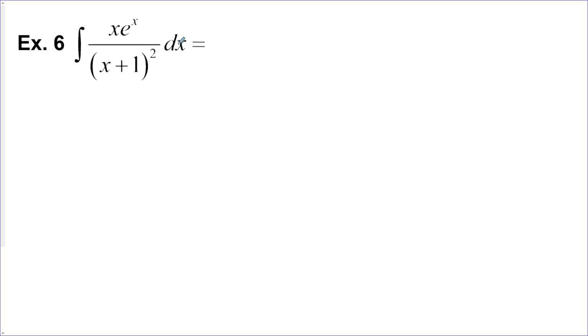Here's an example where we've got three things. We've got a linear, we've got an exponential, and we've got a quadratic. So we just bundle two of them together and make them our u or our dv. So in this question, we need to bundle two of these together and make it our u.